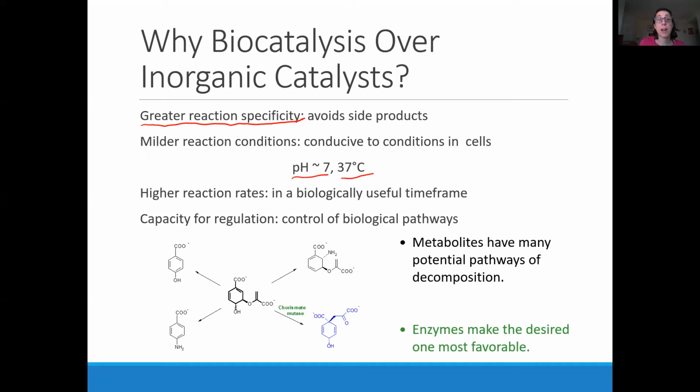Biocatalysts also have higher reaction rates. So in terms of a biological organism, that is very good in the time frame that we're looking at. We need something that is going to be able to take our particular specific reactant and very quickly turn it into product.